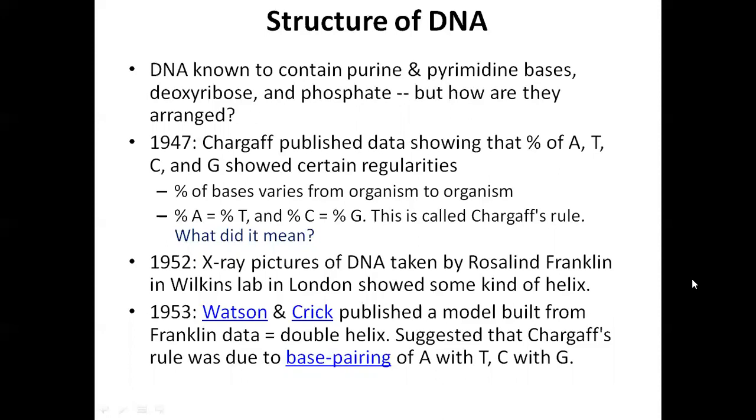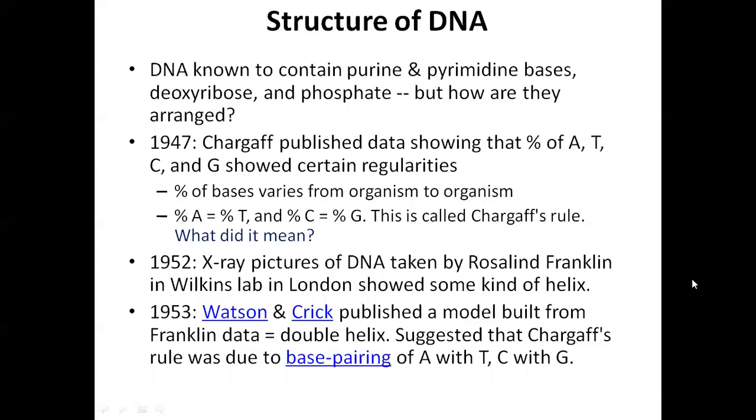In 1947, Chargaff published data showing that the percentages of adenine, thymine, cytosine and guanine showed certain regularities. The percentage of bases varies from organism to organism. And the percentage of adenine is equal to the percentage of thymine, and the percentage of cytosine is equal to the percentage of guanine. This is called Chargaff's rule.